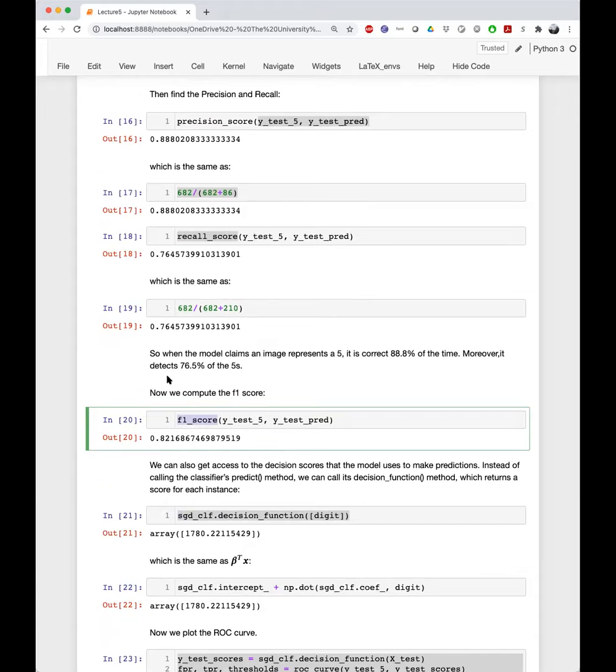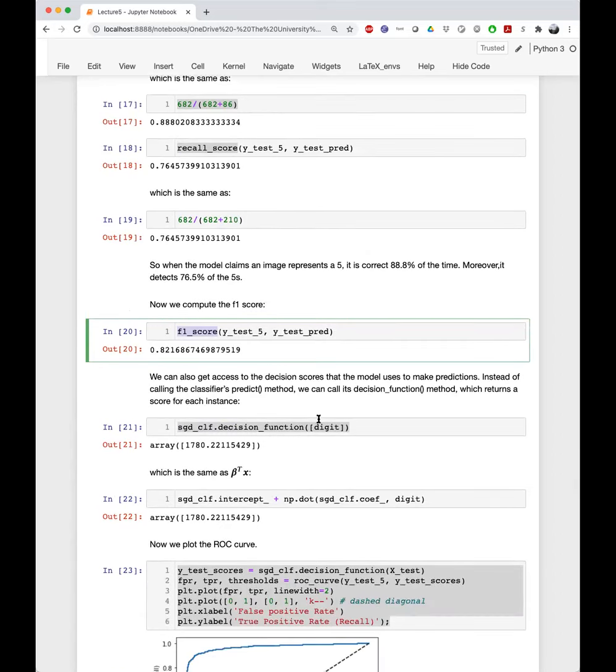A combination of both using the harmonic mean gives 82%. So it's not a bad one, right? But not great either. Look at the precision, look at the recall, look at the F1 score. It's not the best model that you can use, but it kind of works.